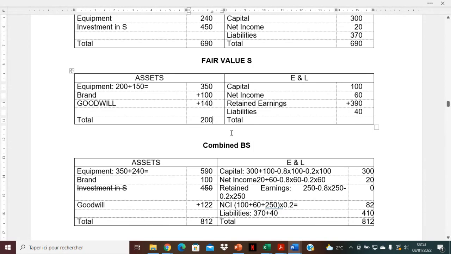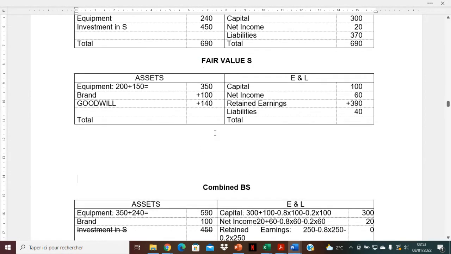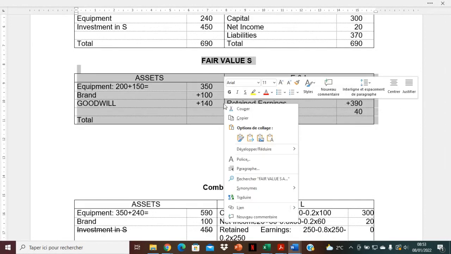So I do this here in the first step, and then based on this, once again, we set up.